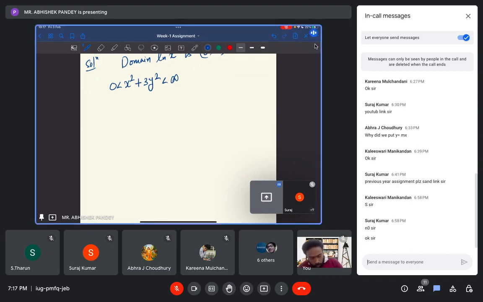Okay, now if you see x square plus 3y square equals to 0, this will give you that x comma y should be 0 comma 0. Other than that, this cannot be 0, isn't it?